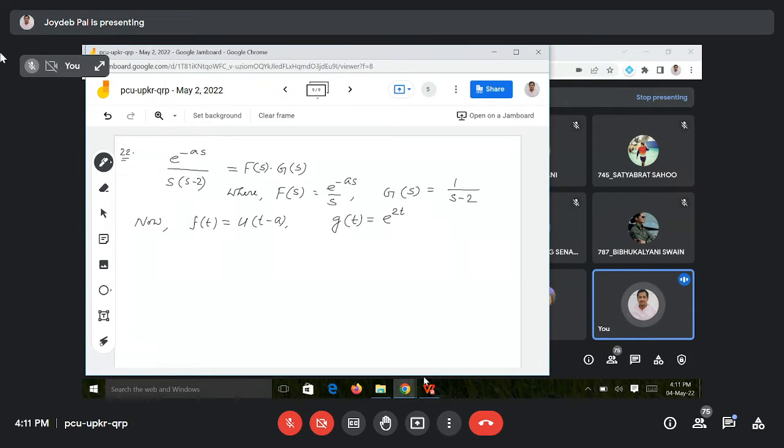Therefore, the Laplace inverse of the given function, e to the power minus as divided by s into s minus 2, that means the Laplace inverse of F(s) into G(s), what should we write according to the convolution theorem?